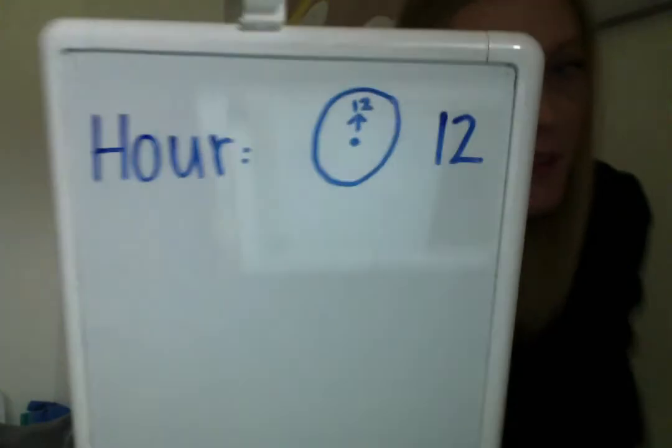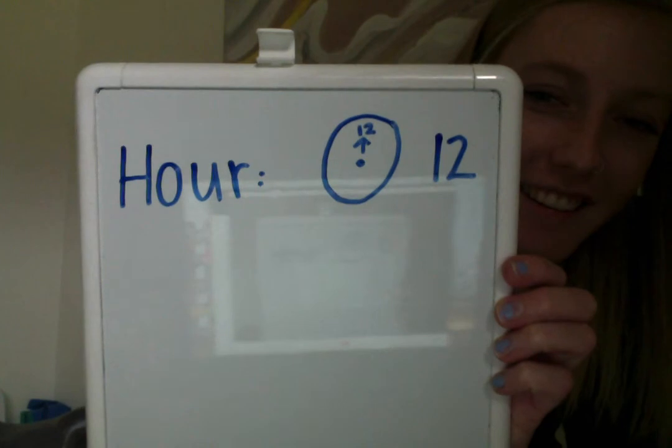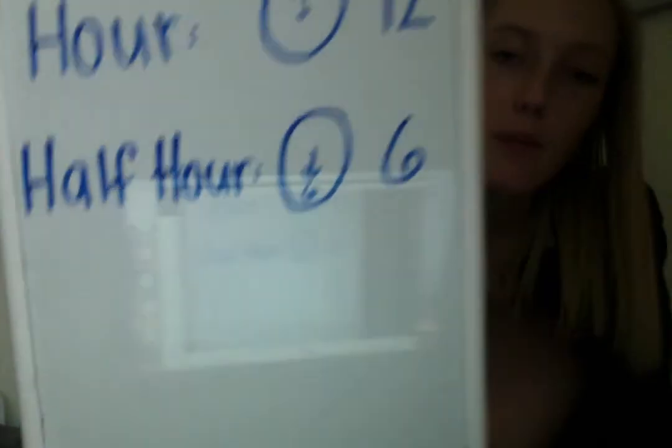Right? I tried to draw a little clock. Time to the half hour, where does my minute hand point? To the 6. If the time is half hour, my minute hand, my long hand, is always going to be pointing straight down at that 6.